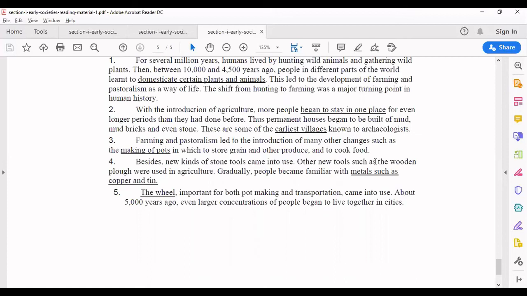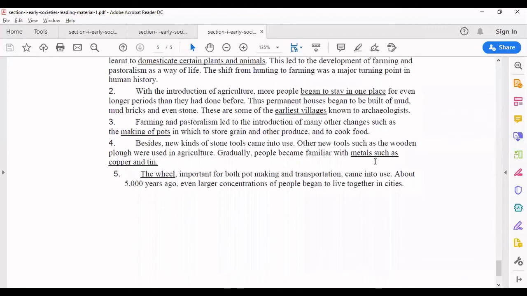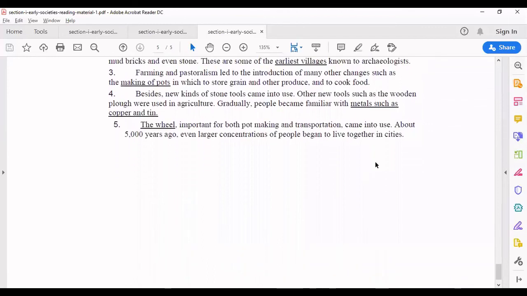With the introduction of agriculture, more people started to stay in one place for a longer period of time. Because they were staying so long, permanent houses started to be built of mud bricks, and even stone. These permanent houses are some of the earliest villages known to archaeology.